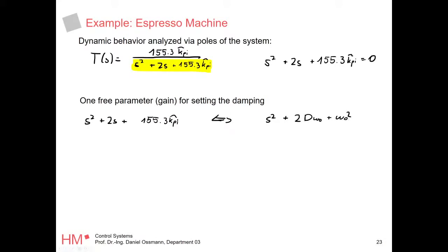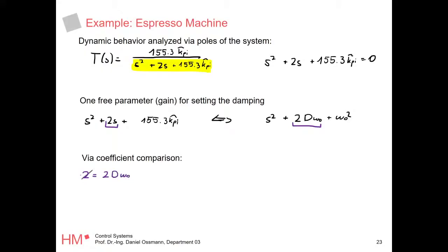So what do we have here? Well, we have one free parameter on the left-hand side, and we have two parameters which depend on this on the right-hand side. What we basically can do is compare the coefficients, right? Okay, let's do this. We're going to compare this term with this term. So we have 2 is equal to d times omega 0.